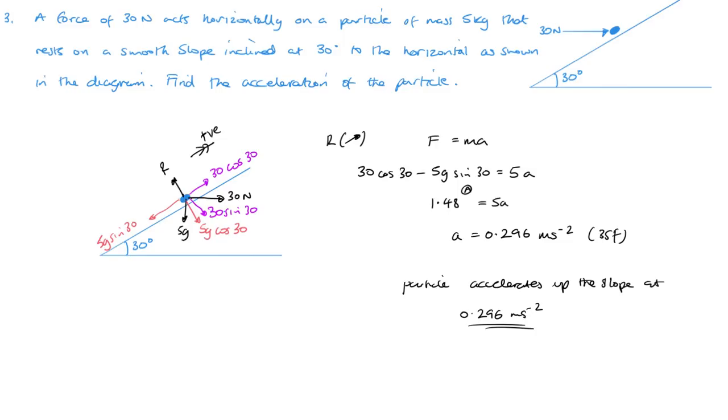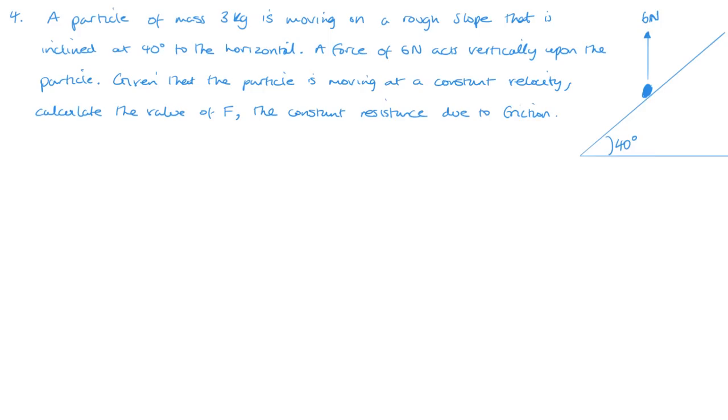Right, let's have a look at number 4. Okay, in this question we've got a particle of 3 kilograms moving on a rough slope that is inclined at 40 degrees to the horizontal. A force of 6 newtons acts vertically upon the particle.